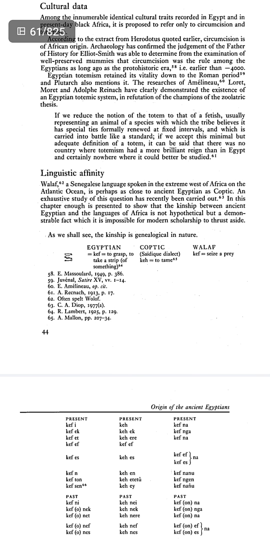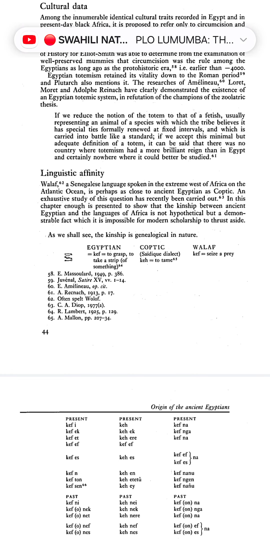It definitely draws a contrast between Egyptian, Coptic, and Wolof languages that come from Senegal. I think that it's nice to see that communion of linguistics when it comes to seeing a place that people consider the West and trying to separate it from where Egypt is.